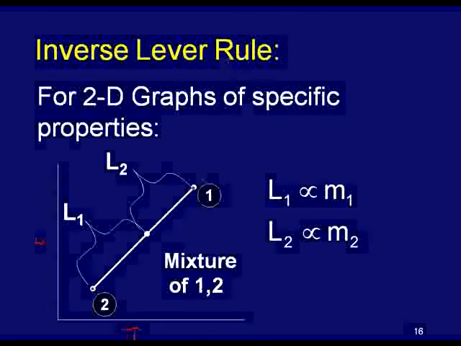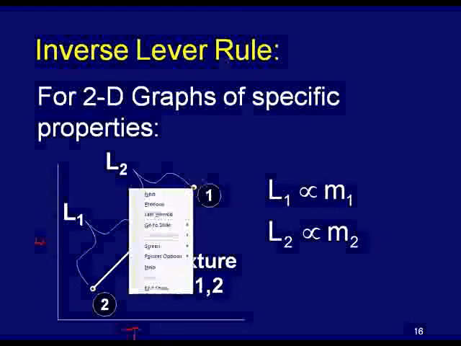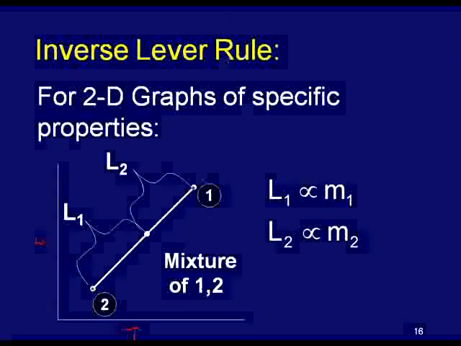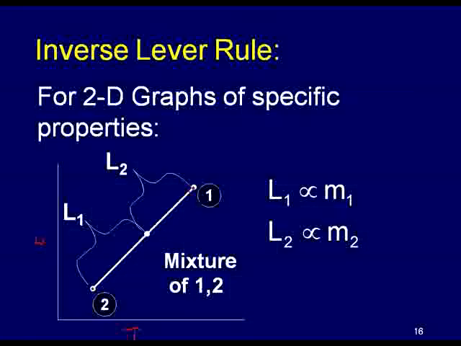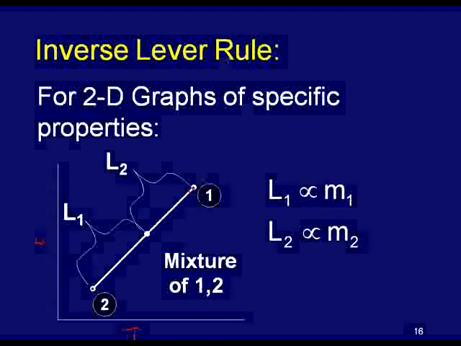Well, it turns out that if the mass is mostly stream 1, then the mixture is going to fall close to property 1.